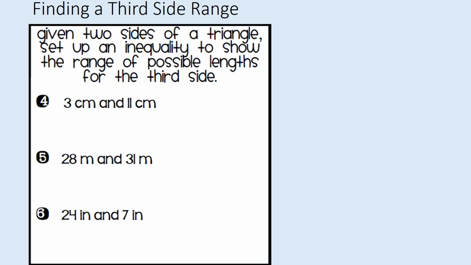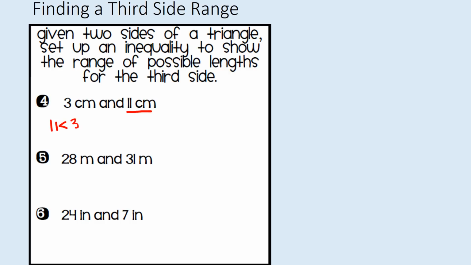Well, right now we have two options. The longest side could be 11 centimeters, or there's a side that's longer and is the longest side that we don't know. So we need to set up those two inequalities. If we say that 11 is the longest side, remember the two smaller sides have to add to be bigger than that.